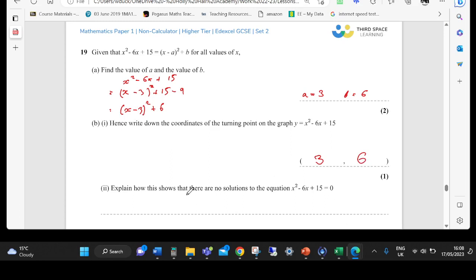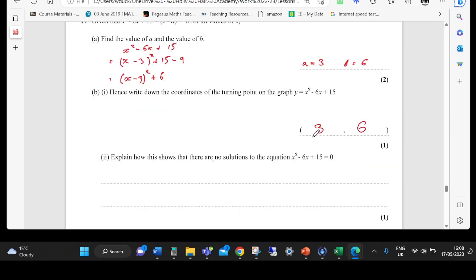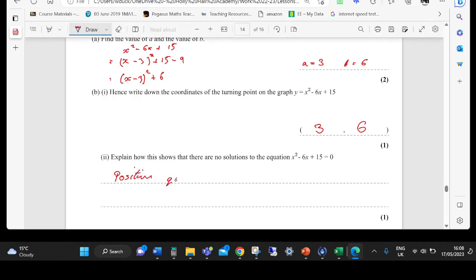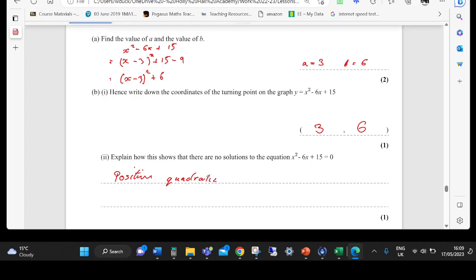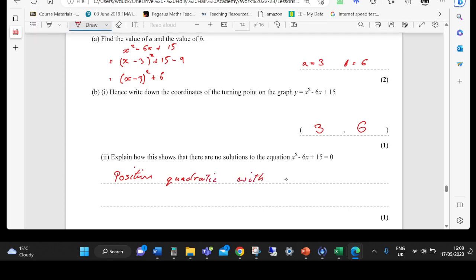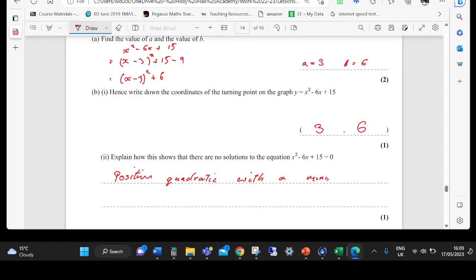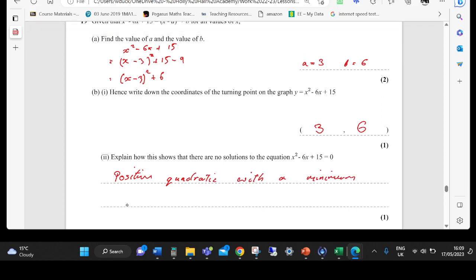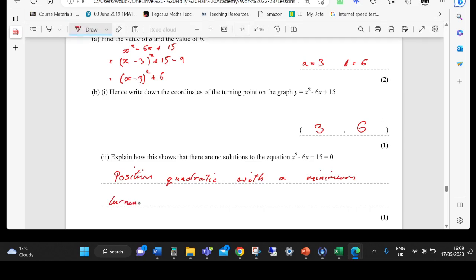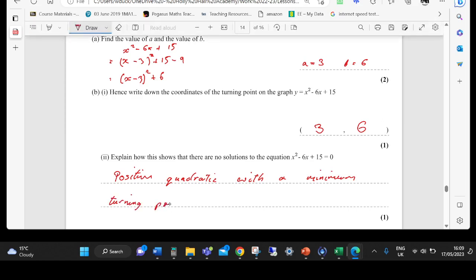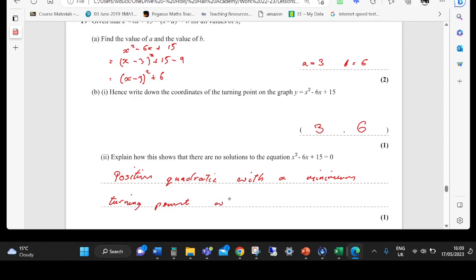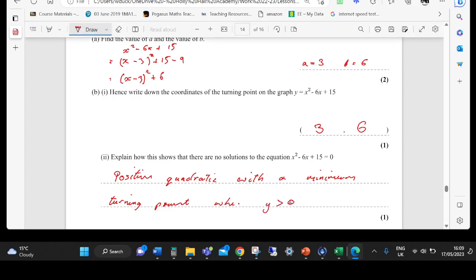Explain how this would show that there are no solutions to the equations. So we've got a positive quadratic with a minimum turning point where y is greater than 0.